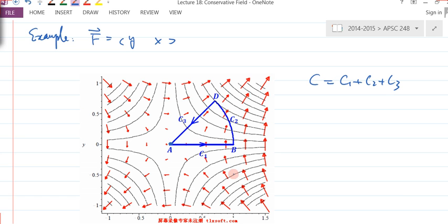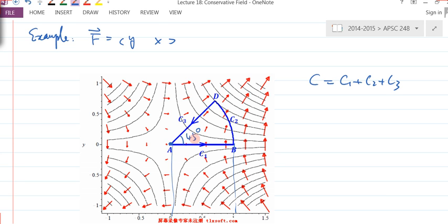If you look at the length of AB, it's a unit circle here. What's D's value? This is 45 degrees.